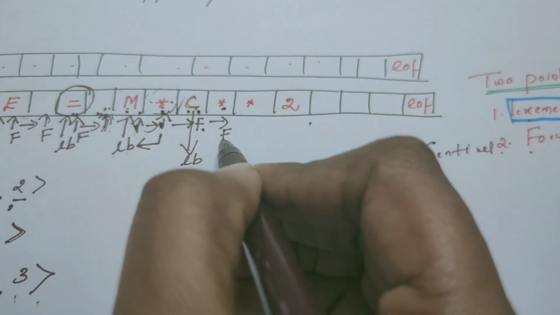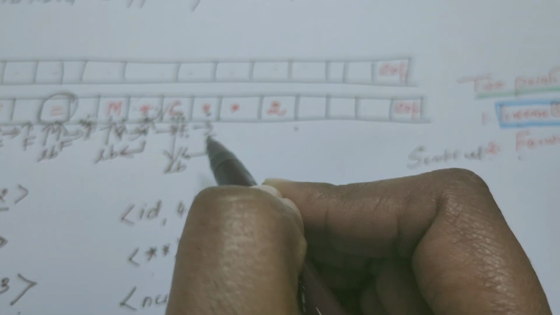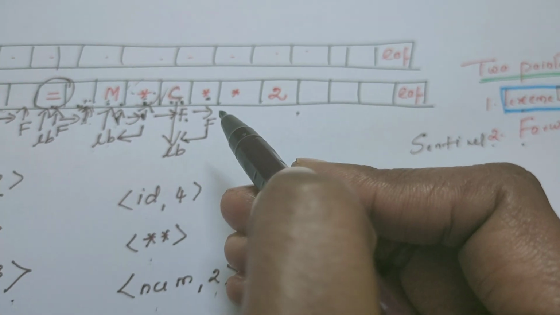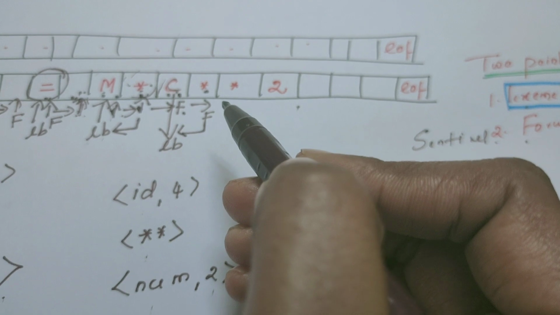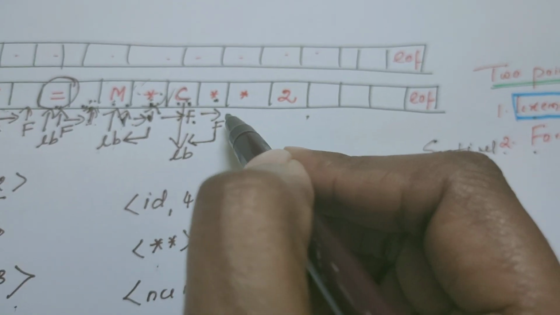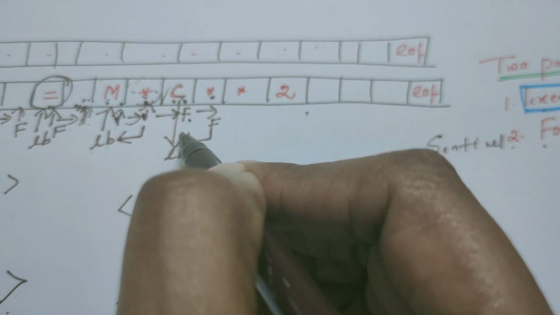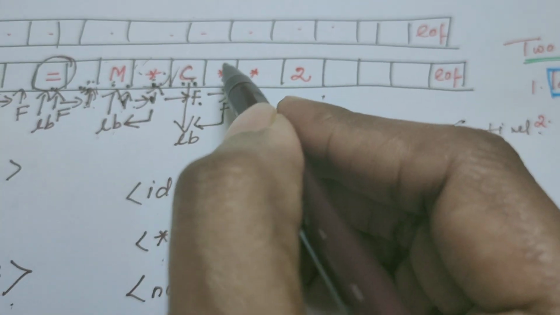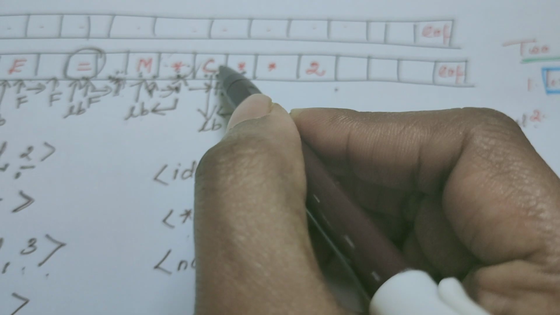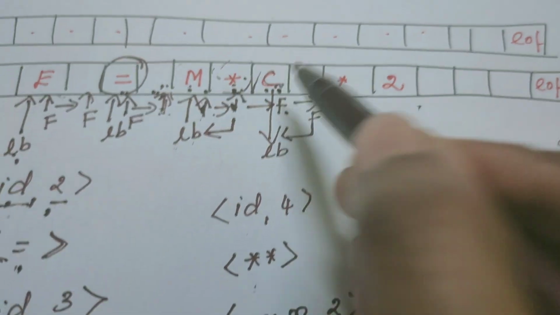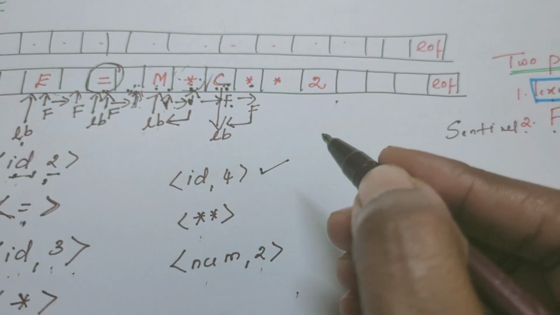So it stops and it retracts back in this case. Whenever the lexical analyzer reads a white space, in that case only the forward pointer does not retract back. Other than that, the forward pointer retracts back to its previous character if it is not finding any pattern match. So it reads the C, and that's why it returns a token ID comma 4.